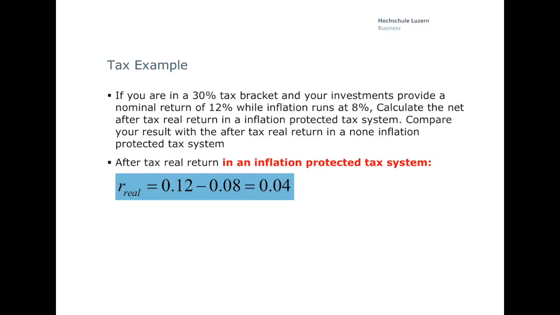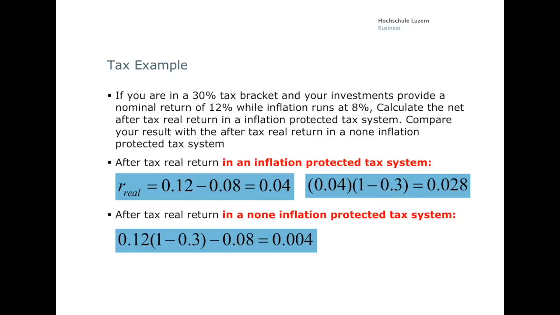The after-tax real return in an inflation-protected tax system is calculated as follows. First, calculate the real rate of return simply by using the nominal return minus the inflation return, which is equal to 4%, and then subtract the tax. So what you're going to be left with is the 4% real rate times 1 minus the tax rate, equaling 2.8%.